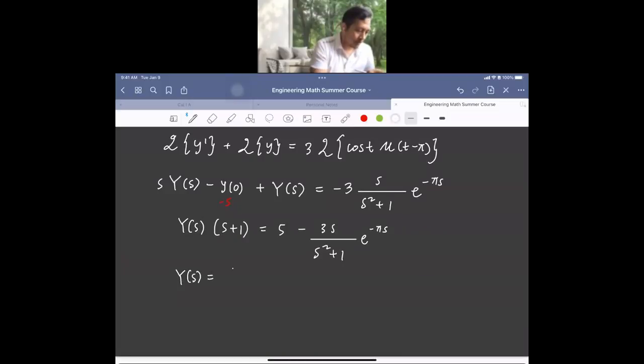And then Y(s) is 5 over s plus 1. And then we need to take the partial fractions, and this is, I think, considerably a little bit complicated.